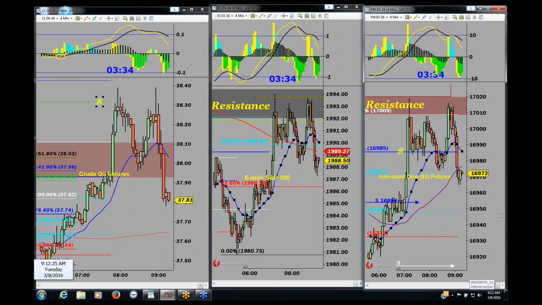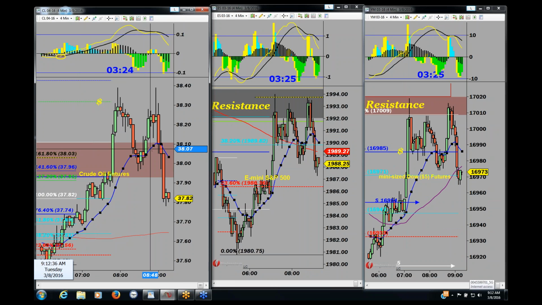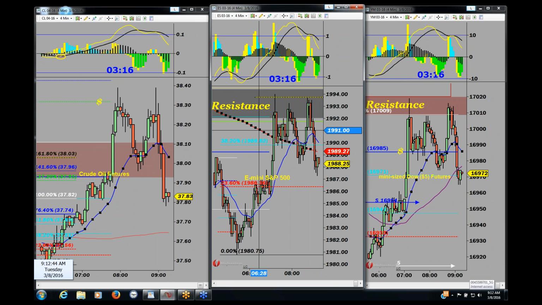All right, it's almost quarter after the hour. The chart on the left, CL, has dropped down below the EMA. Chart in the center, the market has dropped down below the SMA.